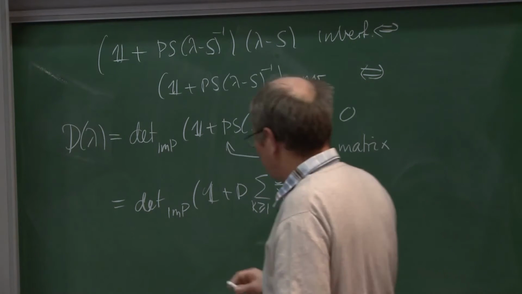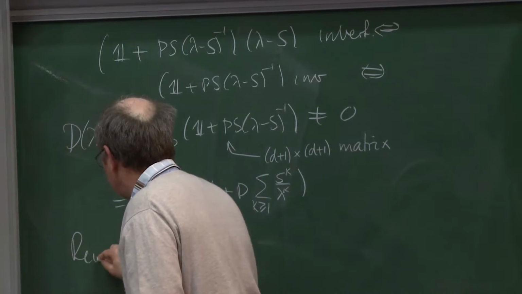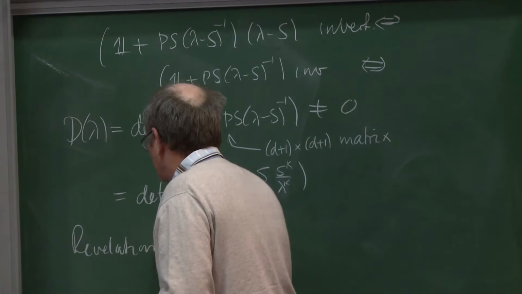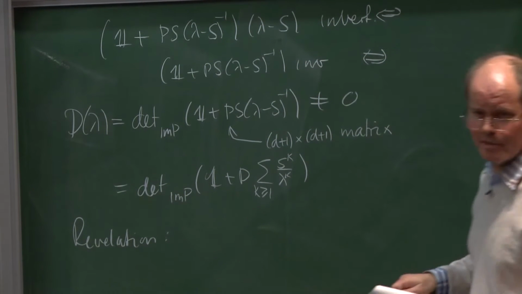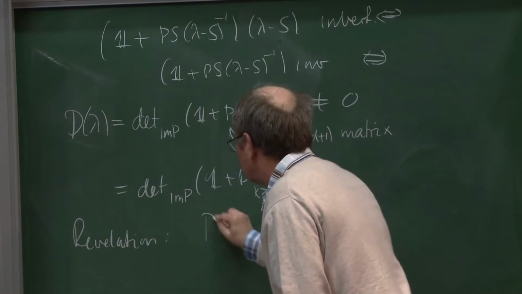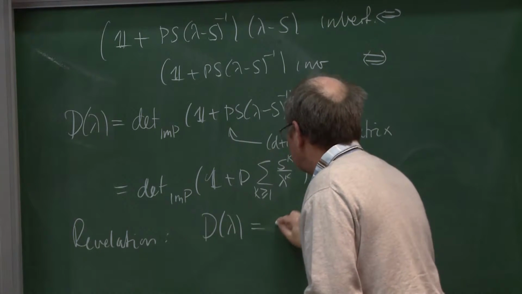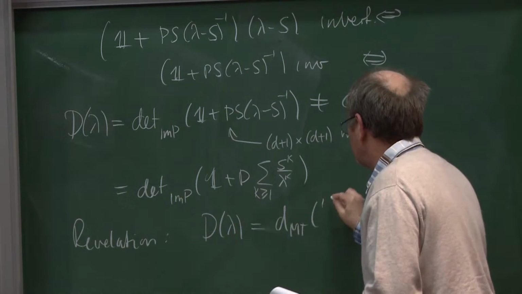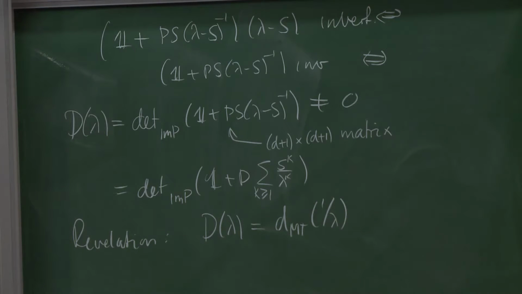And then the revelation, say. It took me like 3 days of computations where I did some sign error or something like that. But then finally it turns out that d of lambda here is in fact Milnor-Thurston of 1 over lambda.